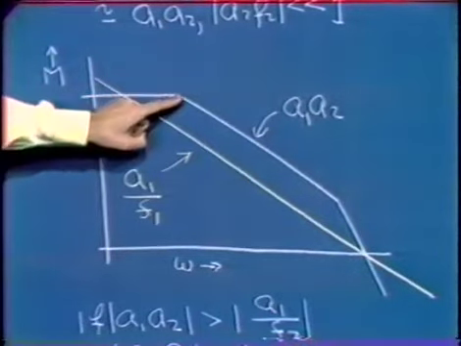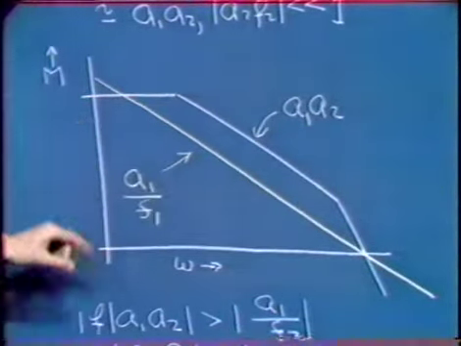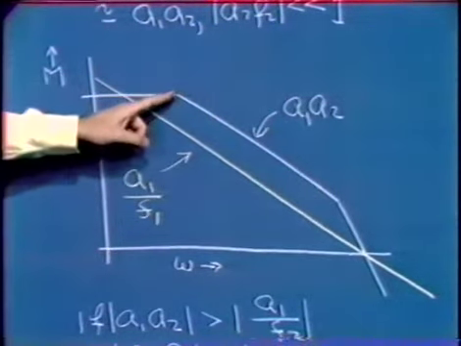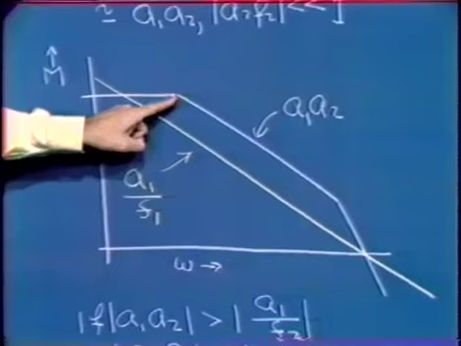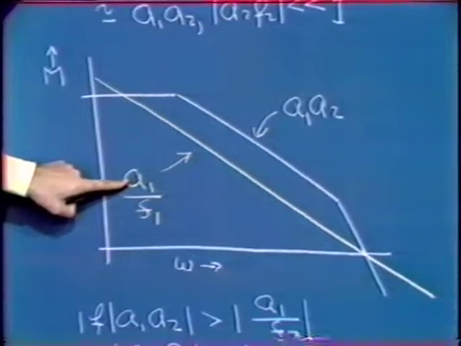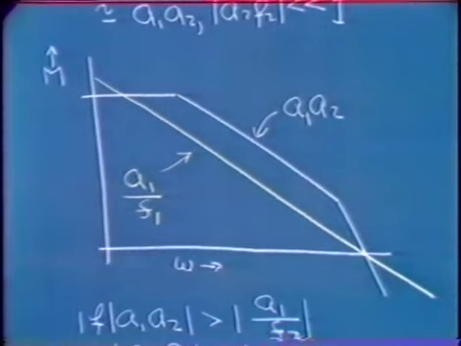Here's an assumed form for the plot A1 A2. I've assumed a two-pole kind of transmission for that. And then we also plot the quantity A1 over F2. That's the other limiting case. And I've shown that here. I've assumed in this plot that the quantity A1 over F1 is single pole in nature.